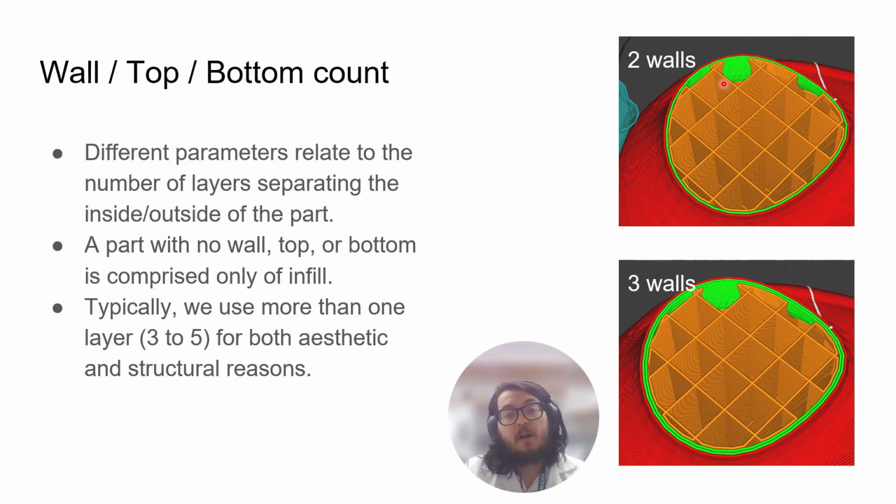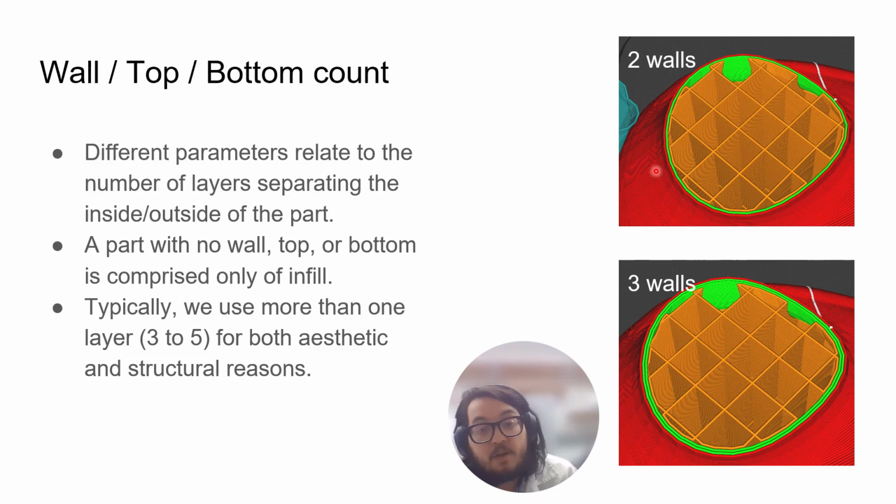Typically, Cura, if it trusts itself, will use two walls, but on the safer side, sometimes it will suggest three walls. You can go for five walls on top and bottom to make sure that you're gonna have a nice last wall, or we can call it the shell or the skin of our part.